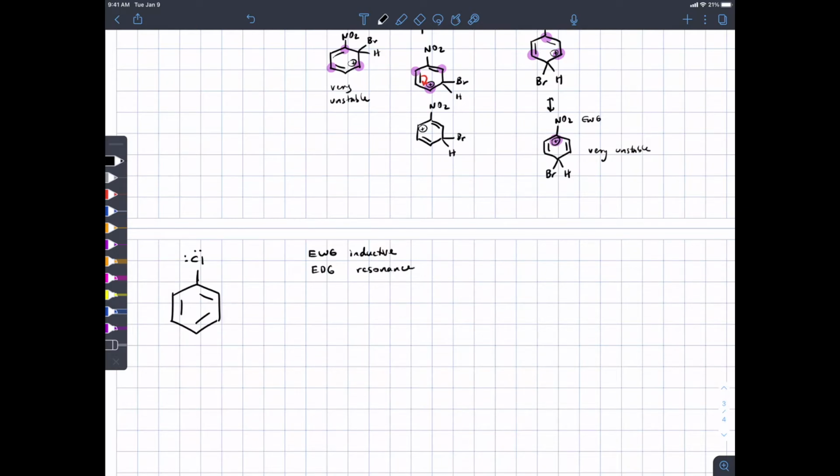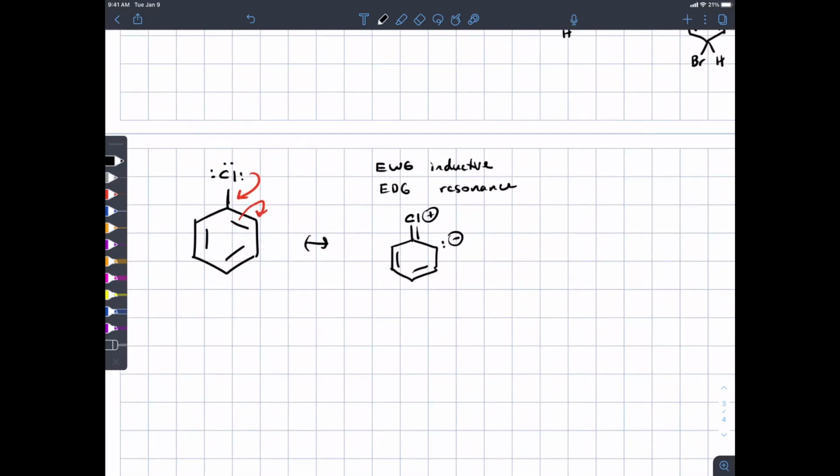And the reason it's an electron donating group via resonance is because I can draw a resonance structure in which I move lone pair electrons from chlorine and make a new pi bond between chlorine and carbon, and then I would have a negative charge on this ortho carbon, and I could draw resonance structures where it was on the para carbon.